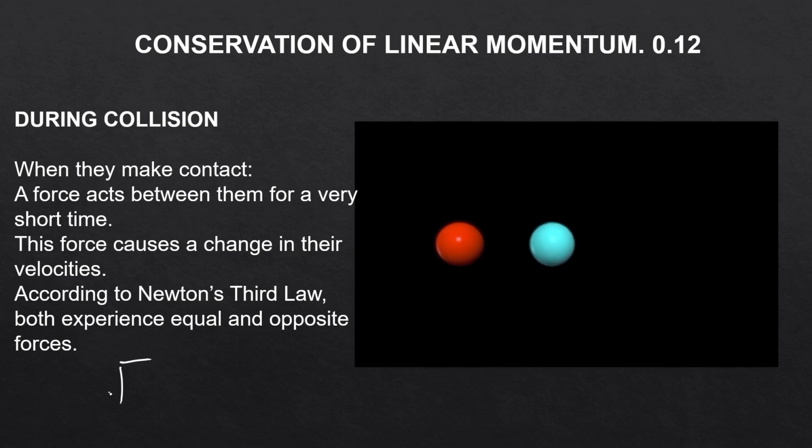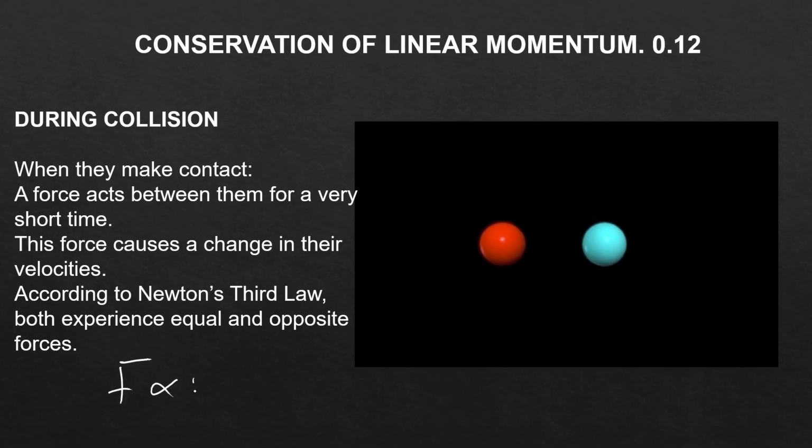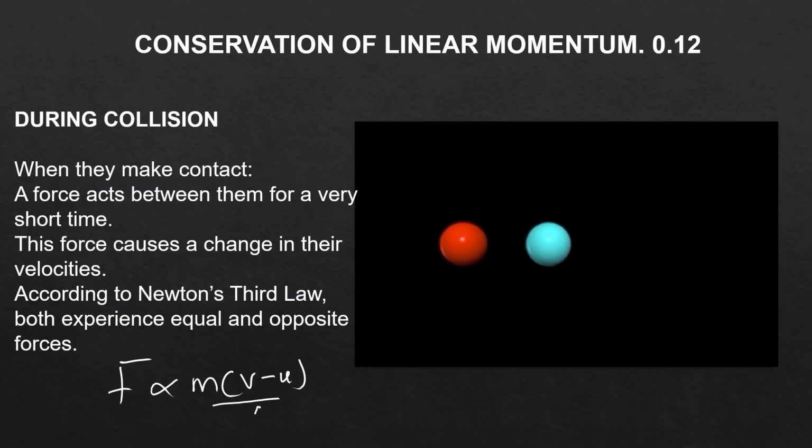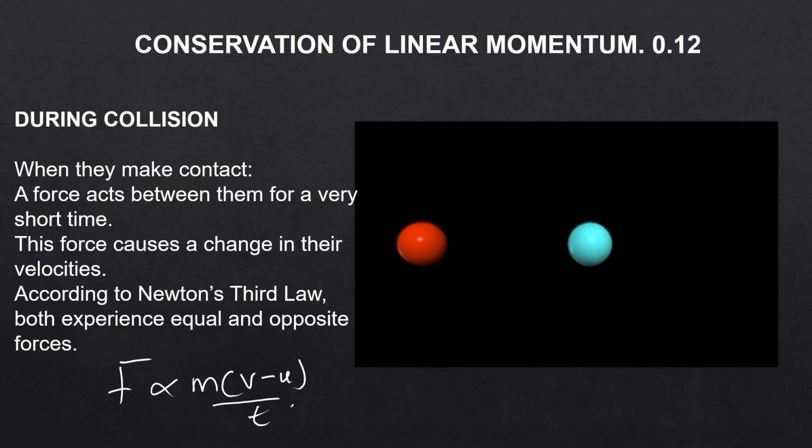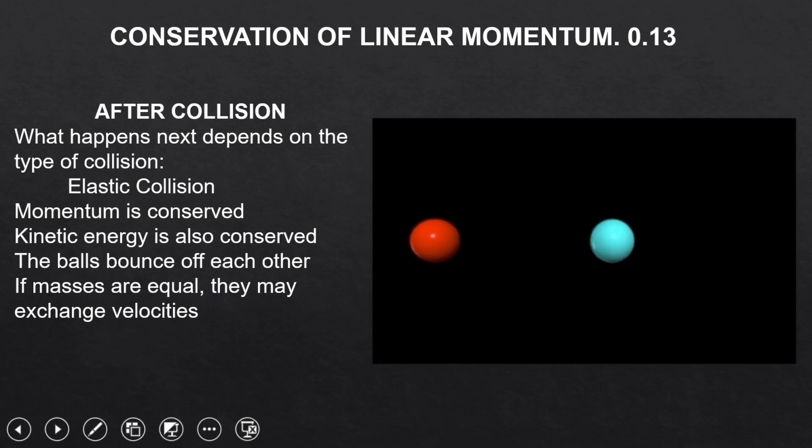Now, remember that a force is a function of acceleration, and acceleration is a function of velocity. So it is the force that caused the change in the velocity, because force causes motion. All right.